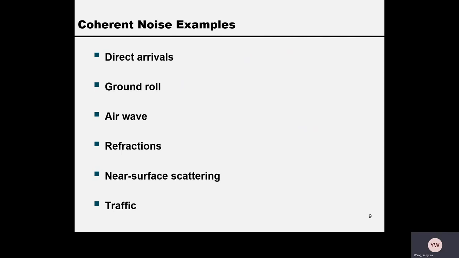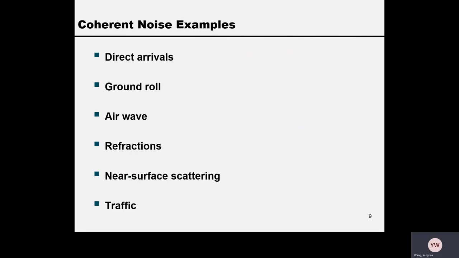Near surface scattering is also a coherent noise. We have a clear trend that lasts for a number of traces, but we don't need it when we try to generate a subsurface image.